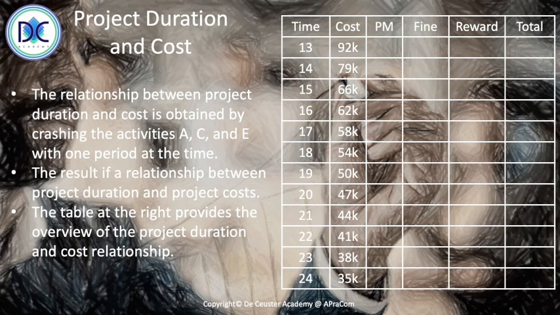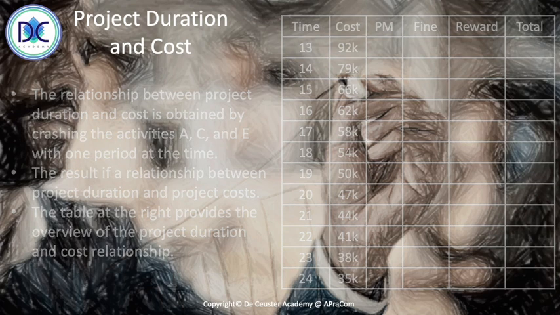These are the different elements that we found in the previous calculations in the previous video, and we see that the shortest time is 13 up to 24. At 24 we have the original cost at 35k, we didn't crash anything yet, and we see that the cost is increasing because we are crashing activities.